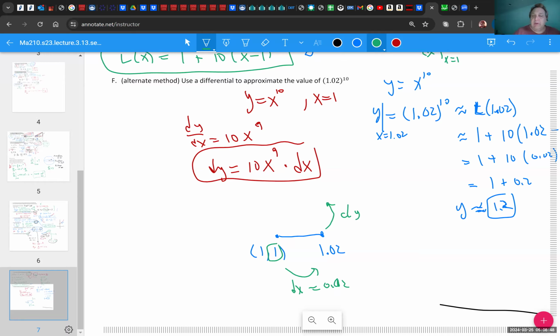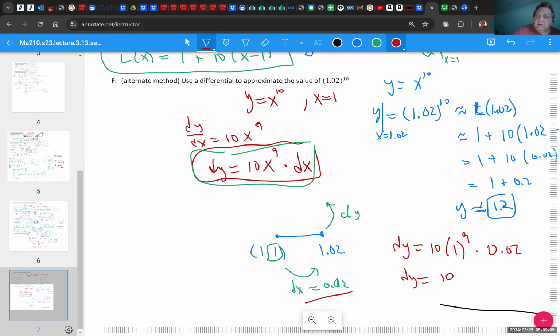How much did it go up? Well, we use this formula to find out. So dy is equal to 10 times the x value to the 9th times the nudge in the x direction, which is 0.02. So that's a 10. 1 to the 9th is just 1. 10 times 0.02 means we're nudging in the vertical direction by 0.2.